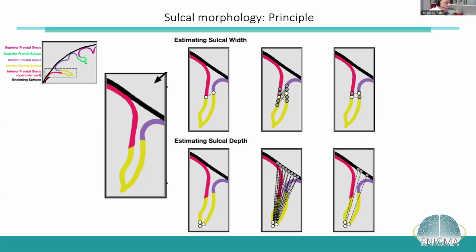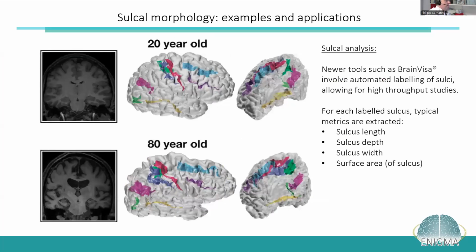The same is true when you want to make a statement on the depth of the sulcus. You can create distances from the deepest point of the sulcus up to a number of points of the surface or enclosing plane.